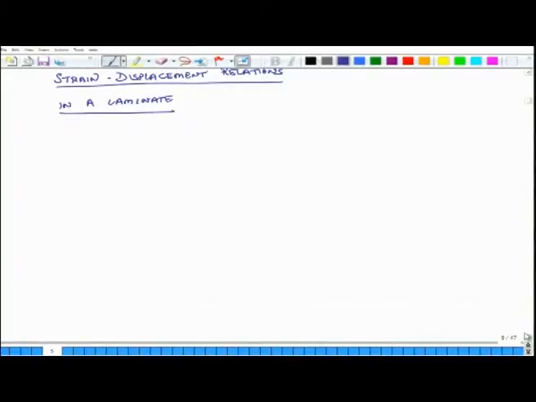So, what we will do is we will start by drawing a picture. So, consider this. So, this is a small flat plate. What I will draw is I will also draw the mid plane.